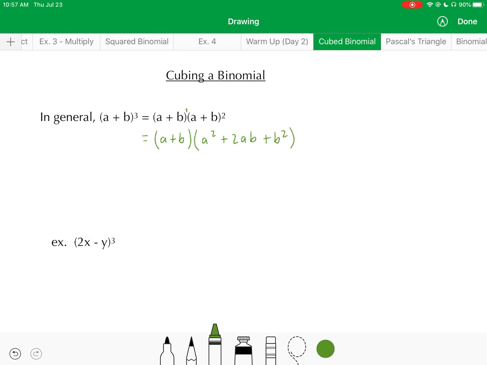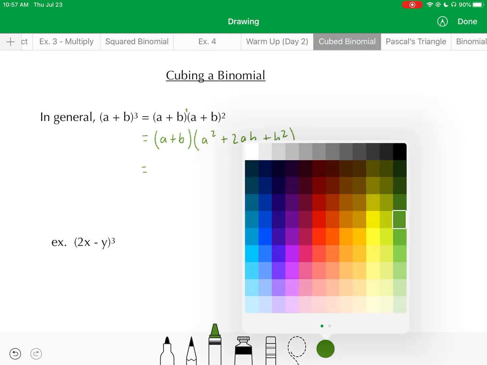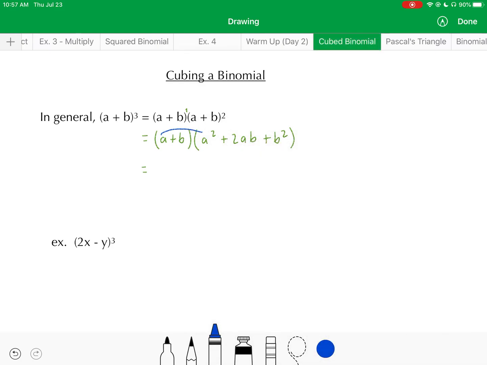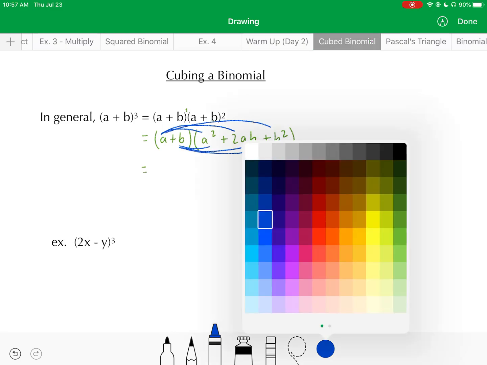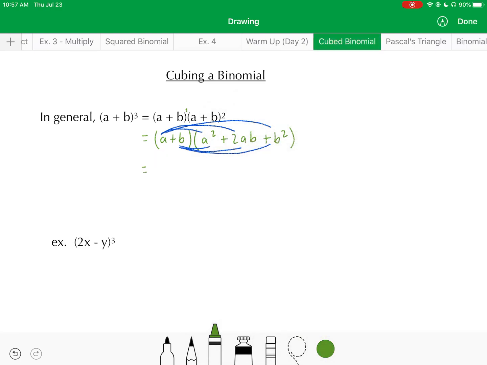So now I have a binomial times a trinomial, and let me use the distributive property here. All right, let's do a times each term of the trinomial, and then b times each term of the trinomial. Okay. A times a squared is going to give me a cubed.